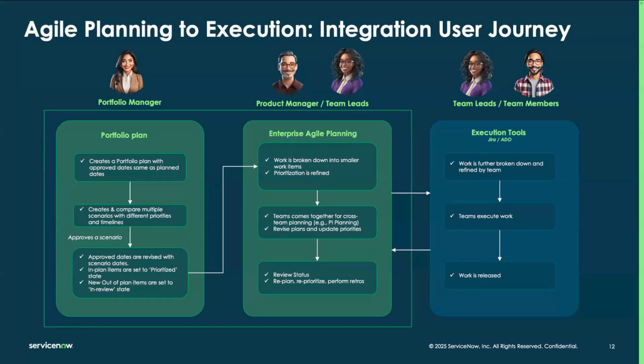And once you're ready to execute, you can seamlessly switch into Jira or ADO and really start the execution. And as you keep executing, we sync the work items back into Enterprise Agile Planning and roll up the progress of the work to epic and project and demand level within SPW.